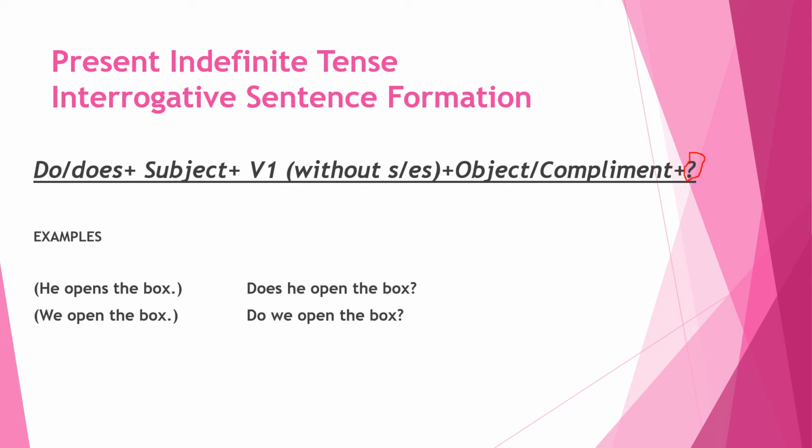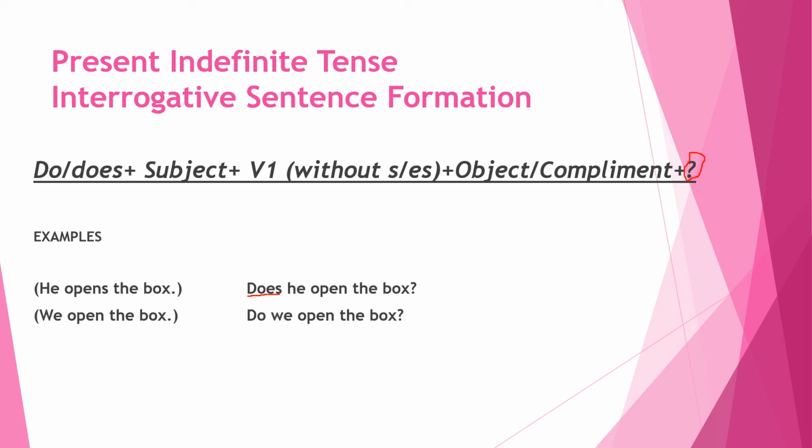So look at the example. The sentence was he opens the box. Now it becomes does he open the box? You see, does comes at the start of the sentence, then comes the subject. He has become the subject here, and then open without s or es, and then the object.